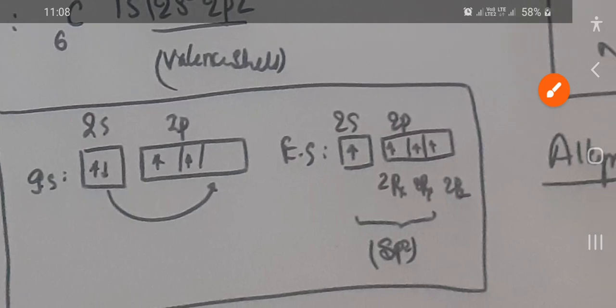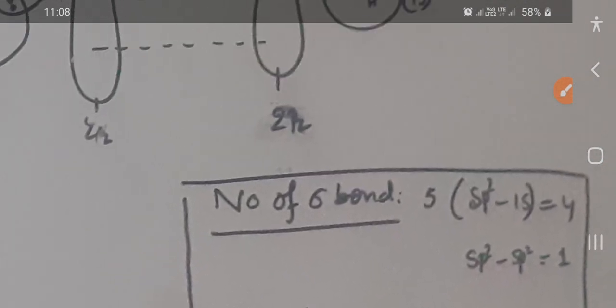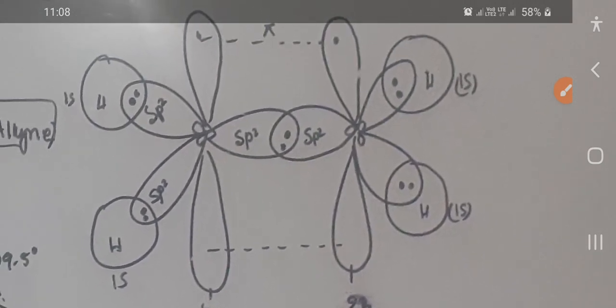So let's see the example. Lateral overlapping. This is the actual structure.